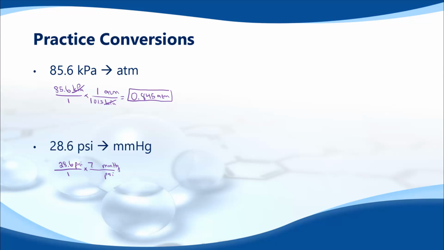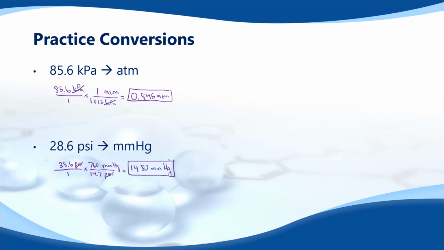The equality says 760 millimeters of mercury is 14.7 psi. psi cancels. I plug this into my calculator, so I multiply the numerator, divide by 14.7, and rounding off to sig figs, I'm going to get an answer of 1,480 mmHg.